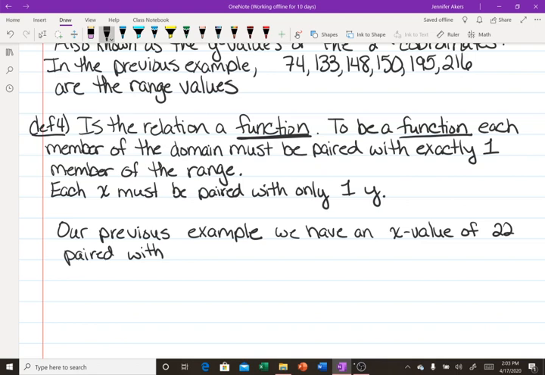It's paired with 195, sorry, 195 and 216.